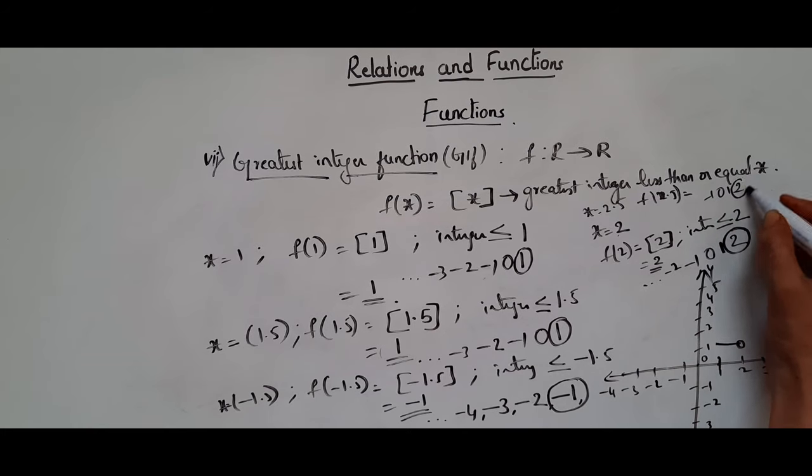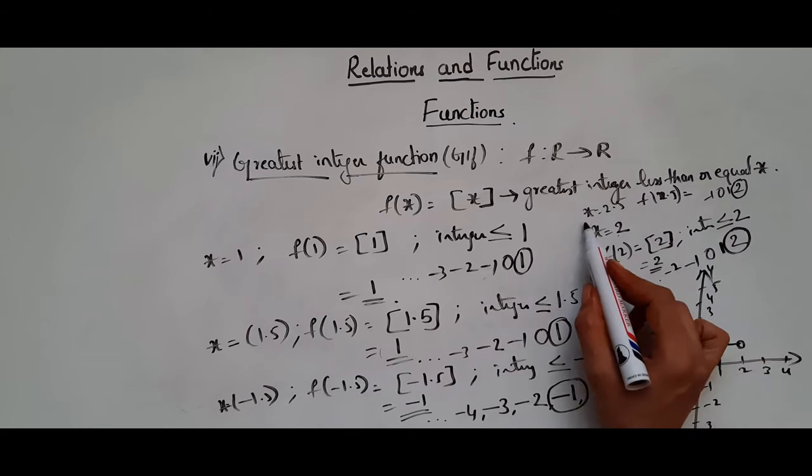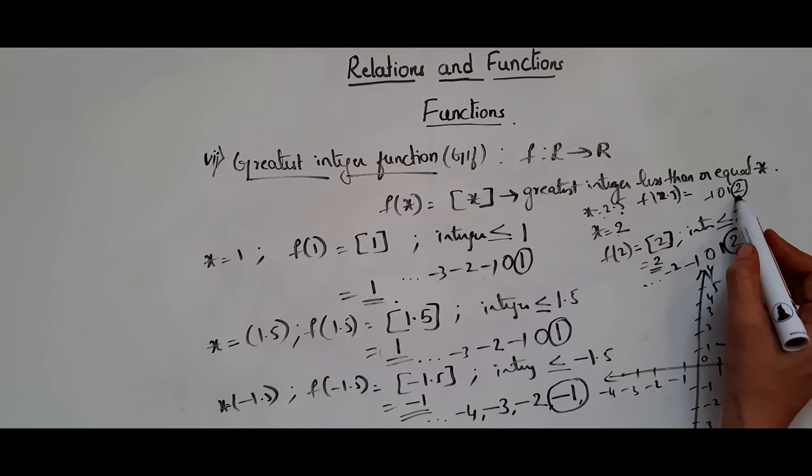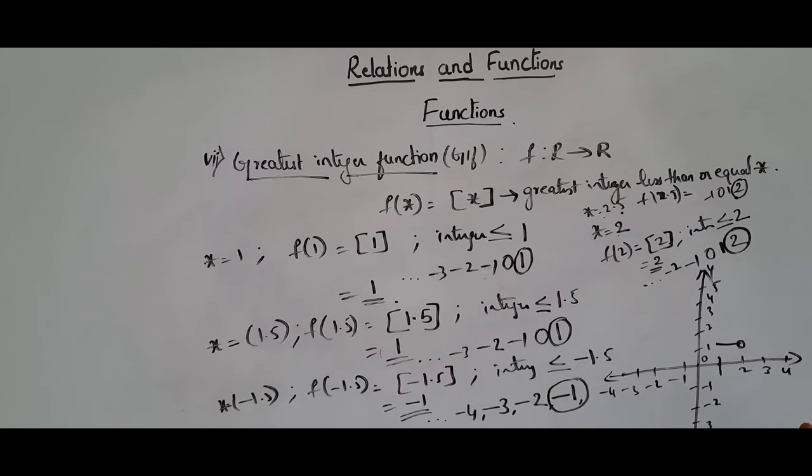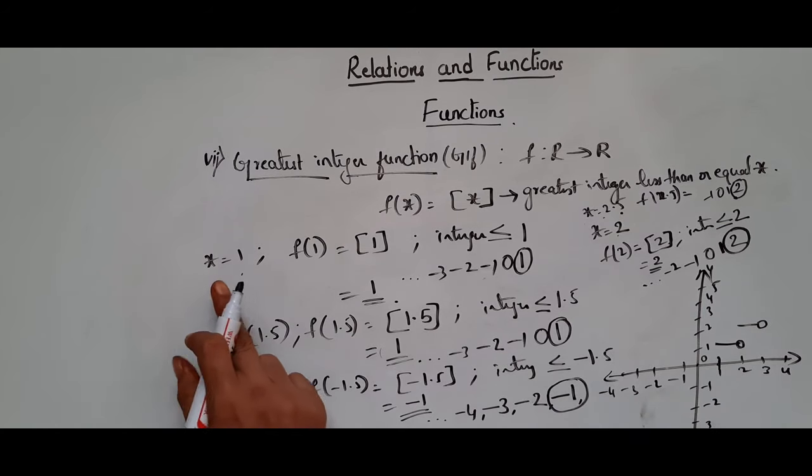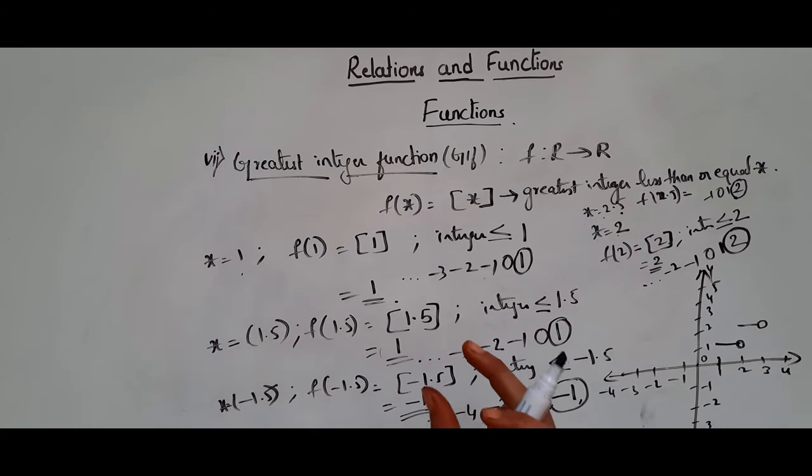Among these, which is highest? 2. So for x is equal to 2.5 also we are getting 2. So for all x values between 2 and 3, you will get y as 2. Similarly, for x values from -1 to -2, your y value will be -2. So it's like this and so on. So I hope this is clear.